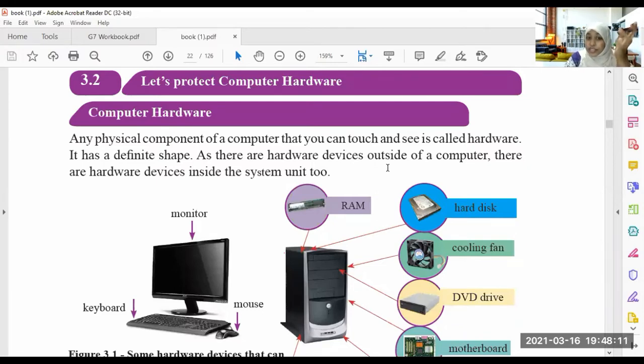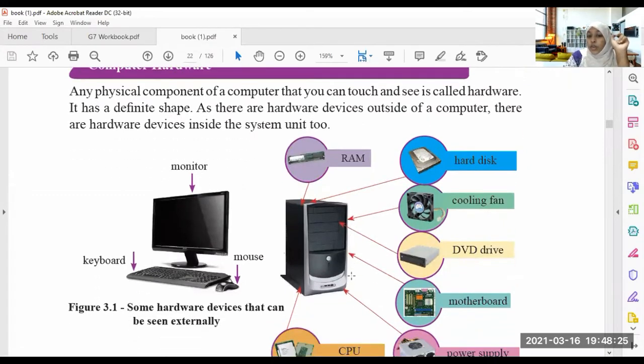Inside the computer system, if you know the system unit, which everybody calls the CPU, that is not the CPU. Okay, it is the system unit. This one's name is system unit, not the CPU. You learnt about the CPU, I taught you about the CPU. The CPU is inside the system unit.